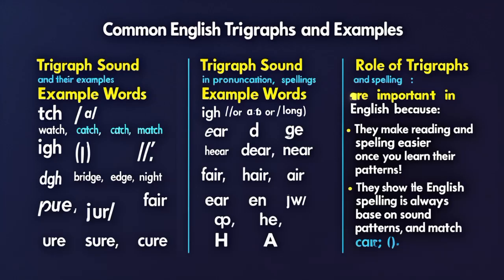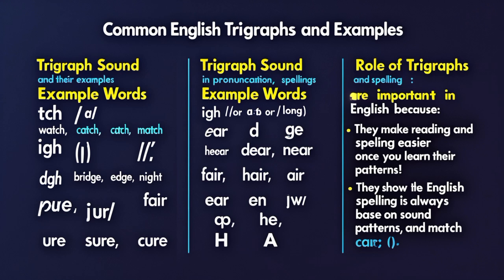C. Repetition and practice. Use trigraph words in daily reading and writing activities. D. Sound sorting. Group words by the trigraph they contain: light, night, high are IGH words; watch, match, catch are TCH words. E. Spelling challenges. Give fun spelling quizzes to reinforce which trigraph fits in which type of word.